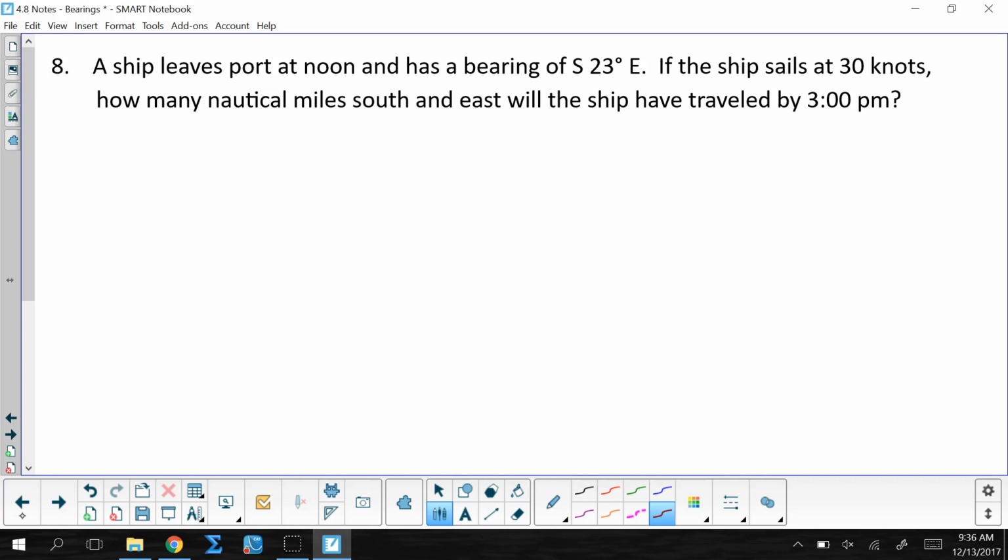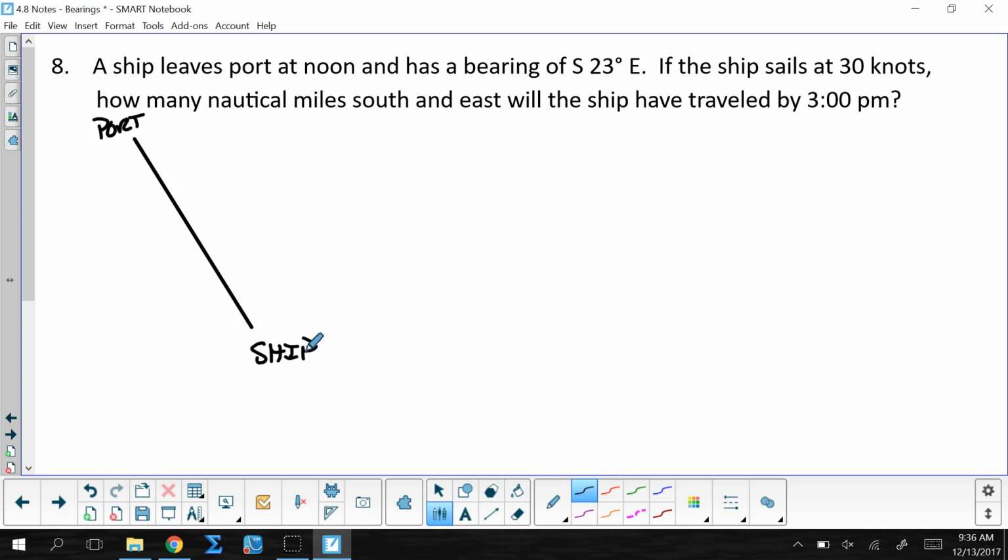If the ship sails at 30 knots, how many nautical miles south and east will the ship have traveled by 3 p.m.? So the ship is leaving port and it is traveling south and east. Okay, so that tells me then that port is up here and this down here is my ship.